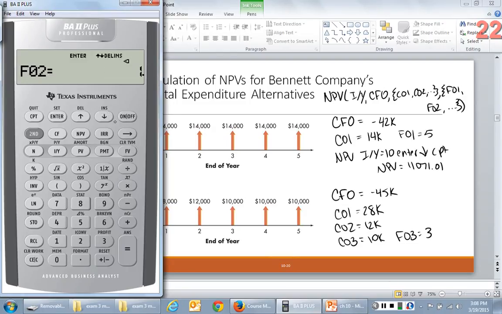Enter. Down arrow. The frequency is 1, so down arrow. Cash flow 3 is 10,000. Enter. Down arrow, and the frequency of this cash flow is 3. Enter. Push NPV, enter in your discount rates, enter, down, and compute. And you get $10,924.40.